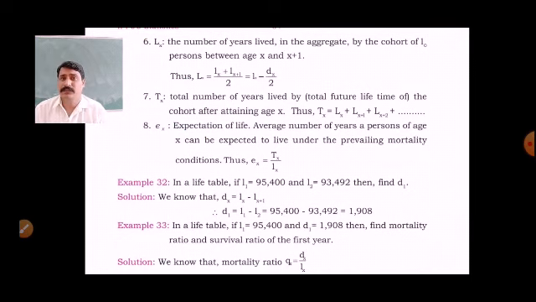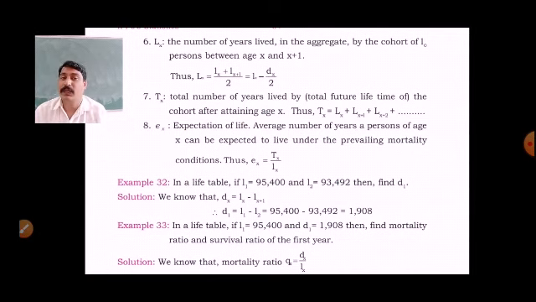If you take a 50-year-old person, expectation of life tells that he will survive another 10 or 20 or 30 years. If we take a newborn baby, he will survive another 60 or 70 years, like that. So expectation of life is the average number of years a person of age x can be expected to live under prevailing mortality conditions.